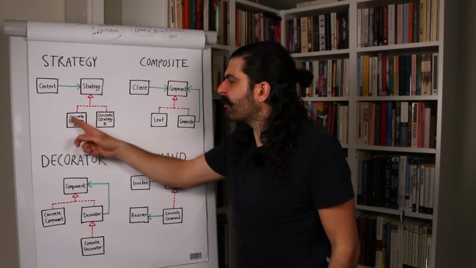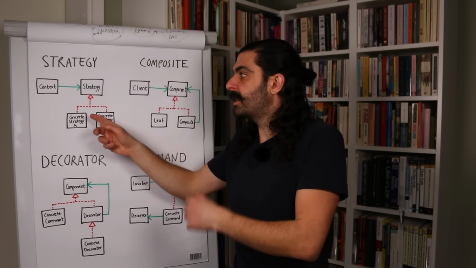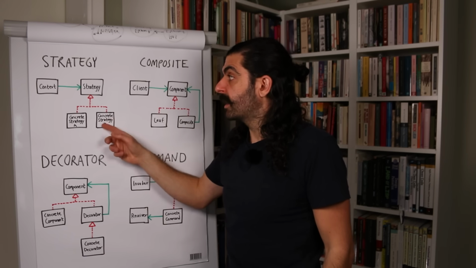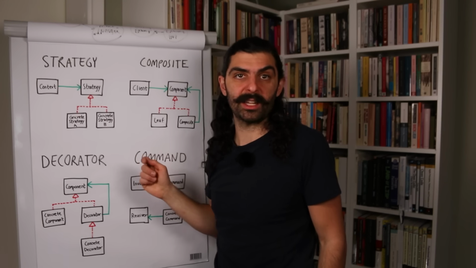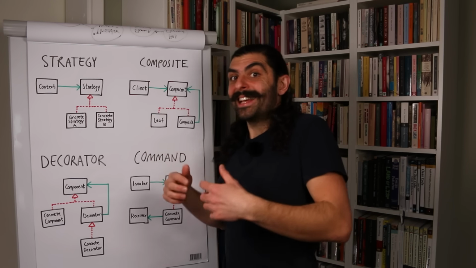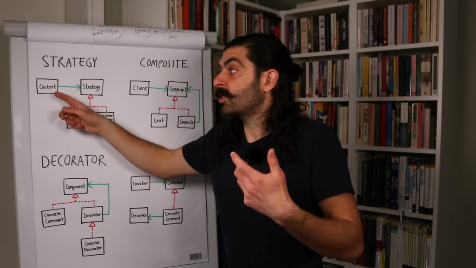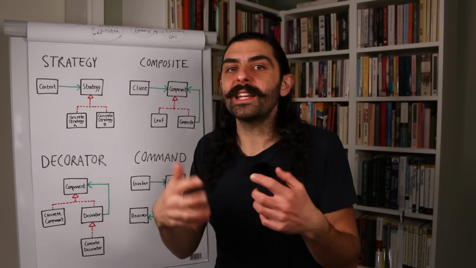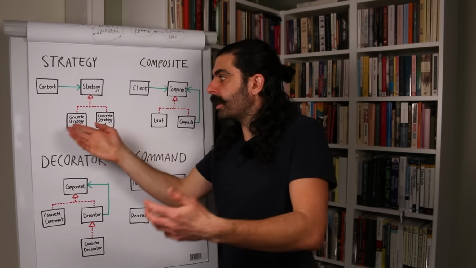Then finally, we have the concrete strategies. These are the different algorithms, the different subtypes that the context can use. To use this pattern, an object of a concrete subtype is dependency injected into the context so that the context can use an algorithm without needing to know anything about how that algorithm works or even which algorithm it is.